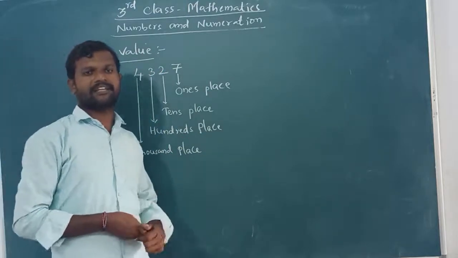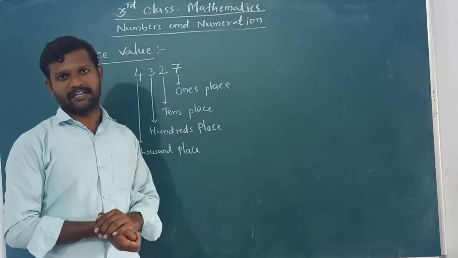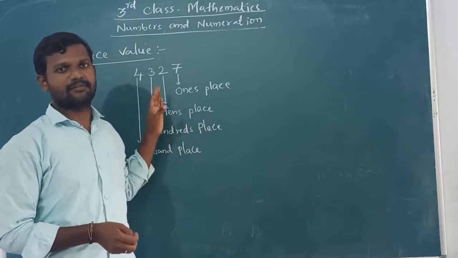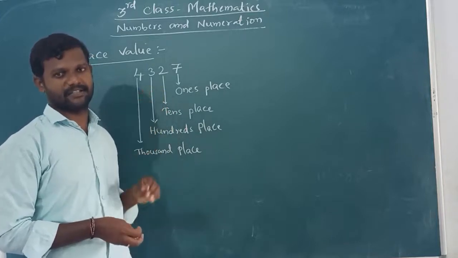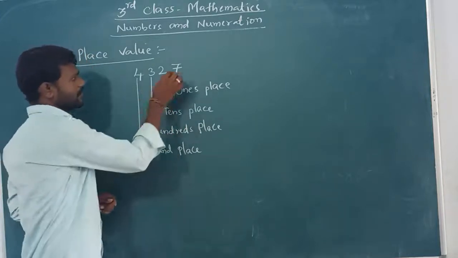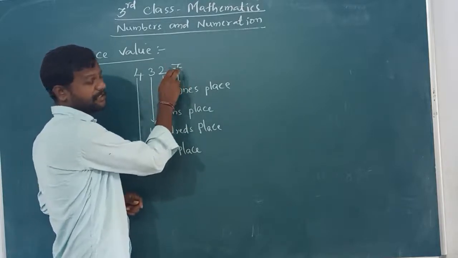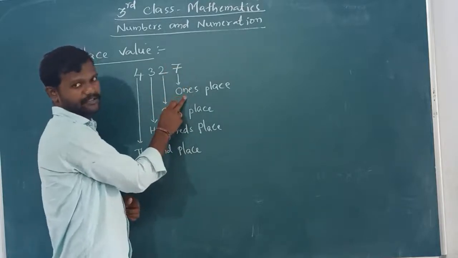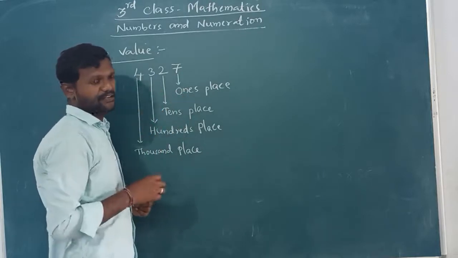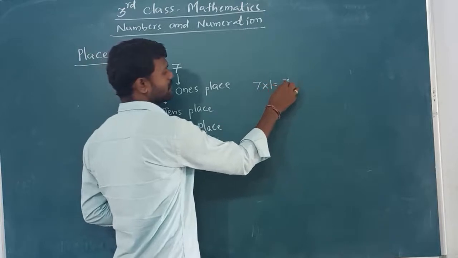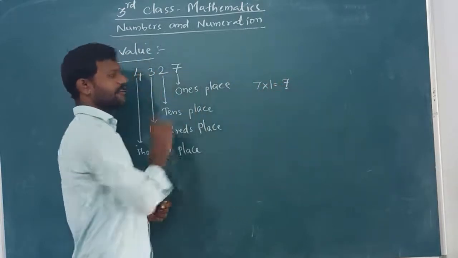How can we write the place value of a number? First, you have to identify the place in which it is. For example, 7 is in which place? 7 is in ones place. So the place value of 7 is 7 ones. 7 ones are how much? 7. 7 is the place value of that.